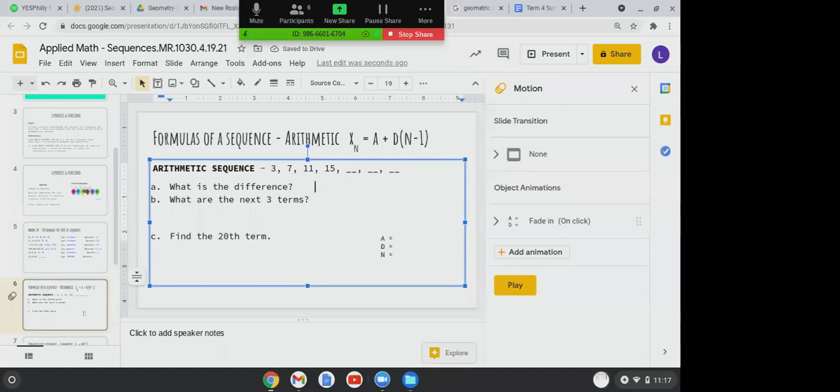Right, you add 4. So if we're adding 4, what are the next 3 terms?